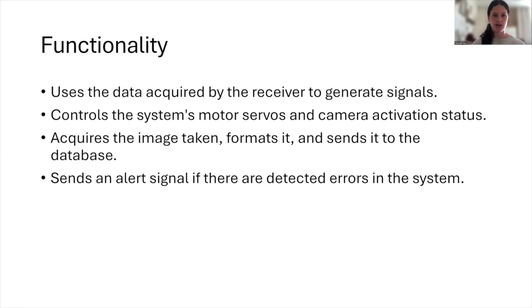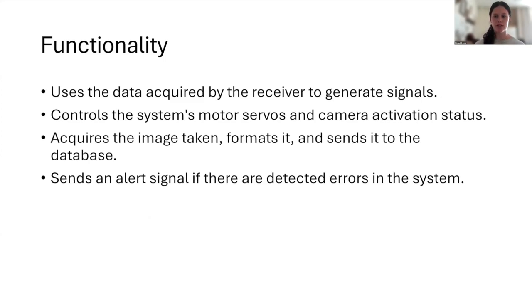So first off, the camera software system will use the data acquired by the receiver to generate signals that will control the system's motor servos and camera activation status. So the database system will collect information, the RID data from the drone. It will collect that information that the receiver received, and it will send it to the camera system.